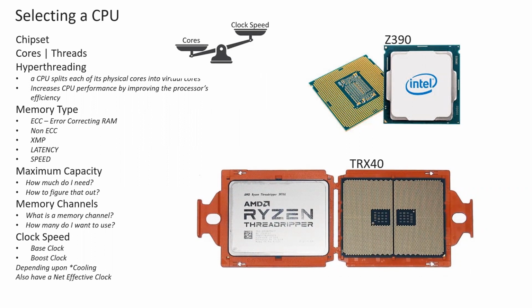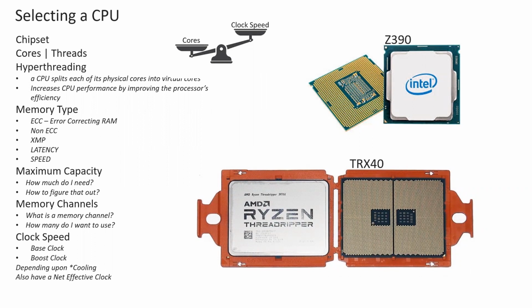For every processor, you'll have a base clock, a boost clock, and then what we like to call a net effective clock. That net effective clock is going to depend on cooling, clock speed, if you define an overclock, and your use case. If I'm putting a processor under 100% load all day long, I'm going to see a specific net effective clock, even with cooling.